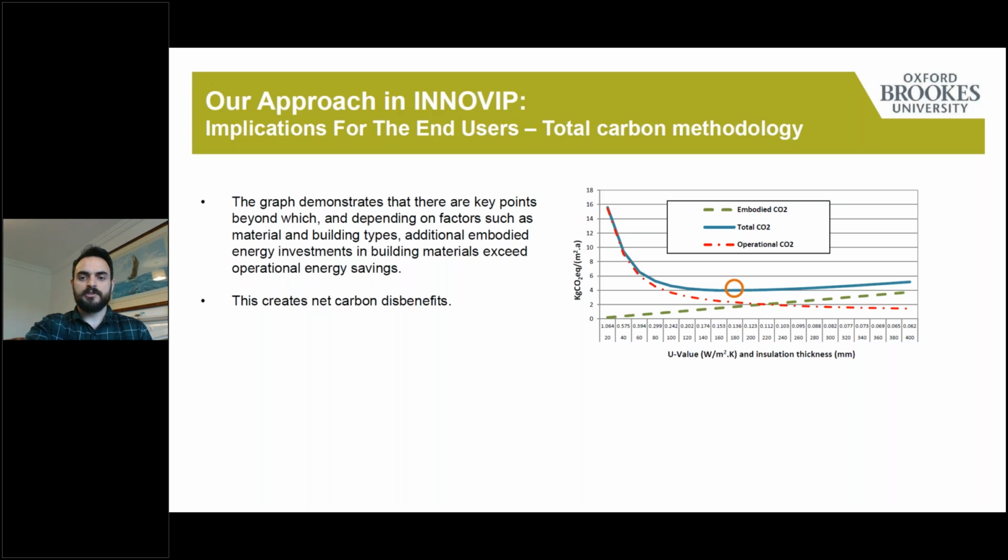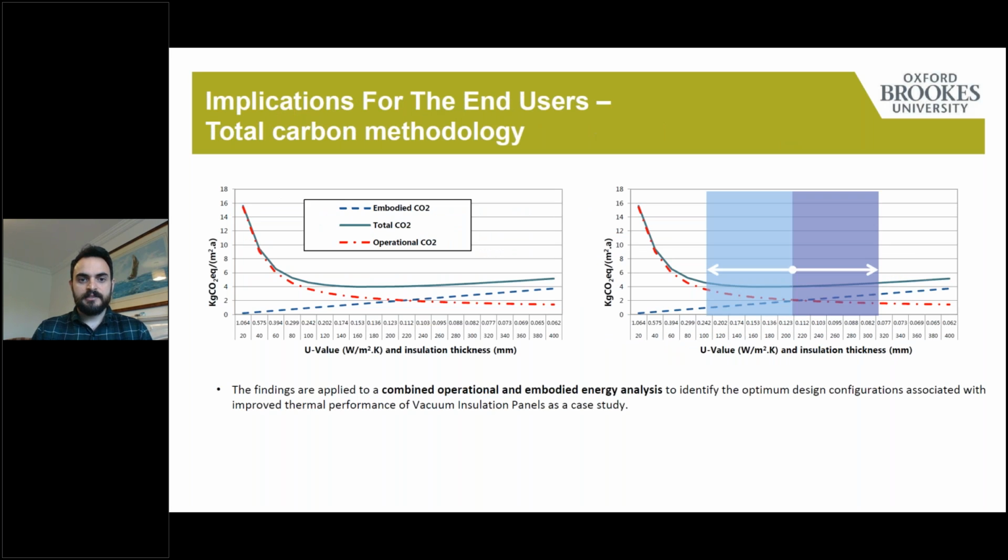You get to a point on the graph where, beyond a certain point, you're adding to the carbon intensity of your building rather than reducing it, because the operational savings cannot offset the embodied energy investments. So this is translated into the graph on the right hand side of the screen.